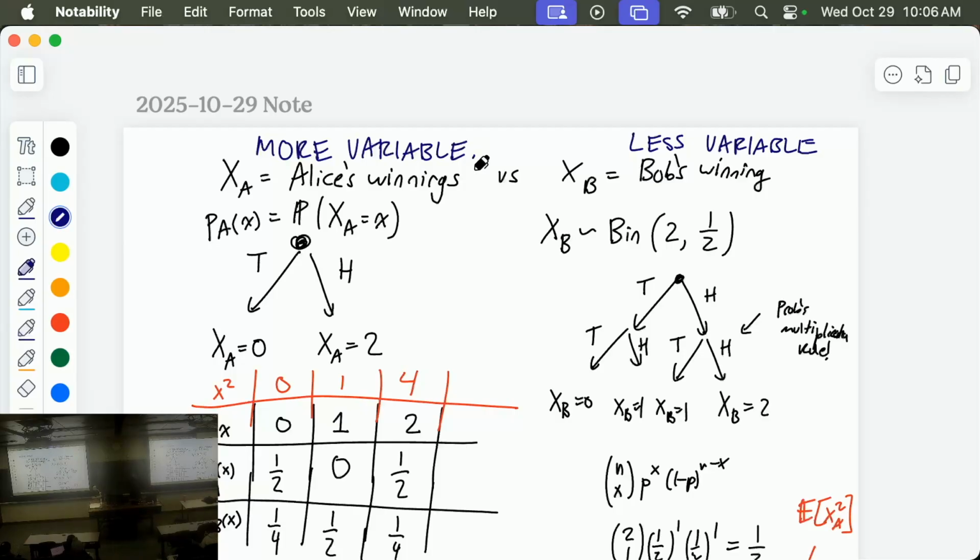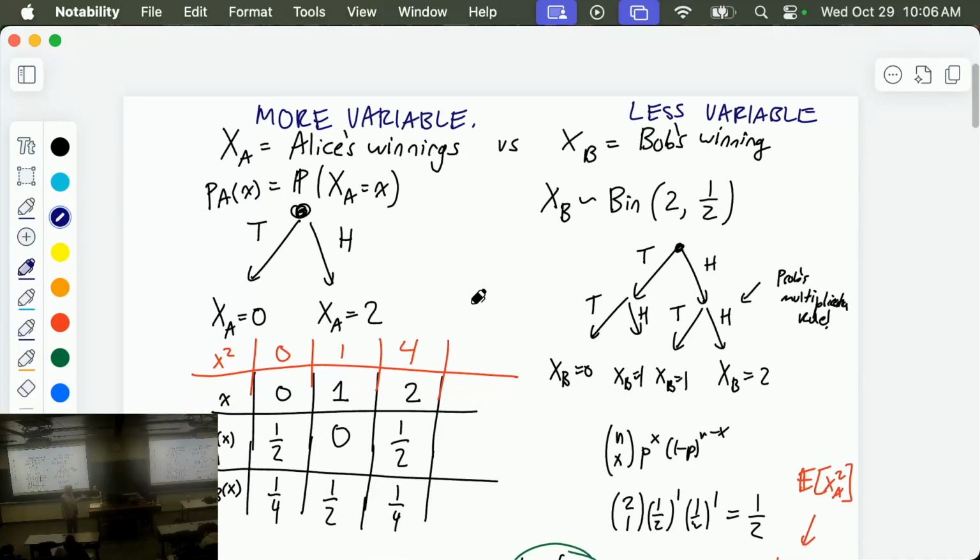Professor Nika, I'll make an interjection here. This is something I've seen from many students taking probability. A common misconception when looking at variance and just looking at the numbers is to think Alice's are less variable because she can only get a 0 or a 2 as her outcomes, whereas Bob gets a 0, 1, or 2 as their outcomes.